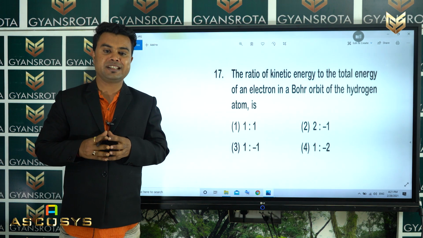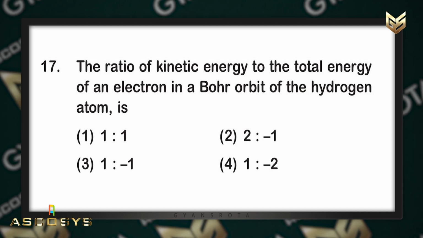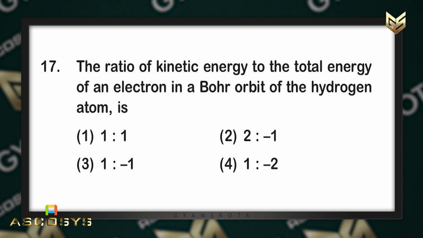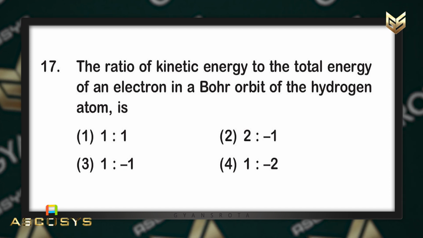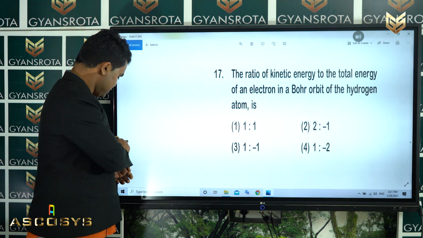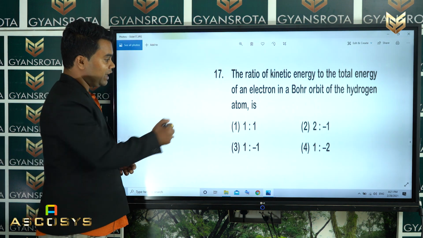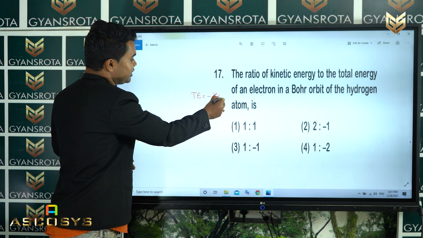Question number 17 says that the ratio of kinetic energy to the total energy of an electron in a Bohr orbit of the hydrogen atom is. This is from the chapter Atoms, where you can write down, we know that total energy is equal to minus of kinetic energy.